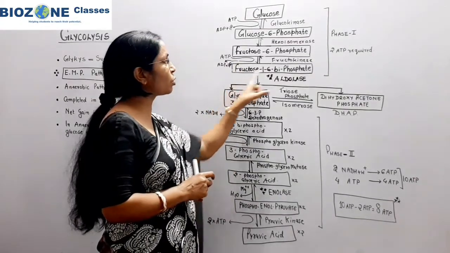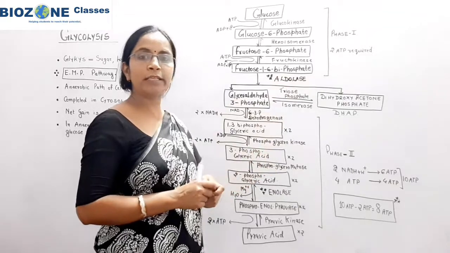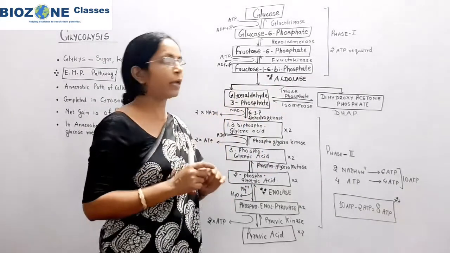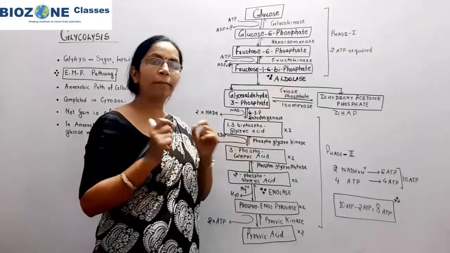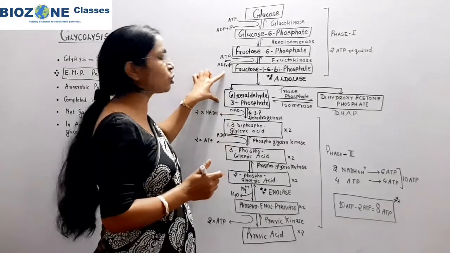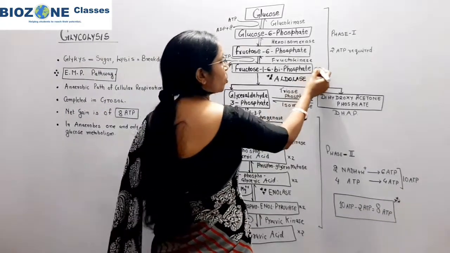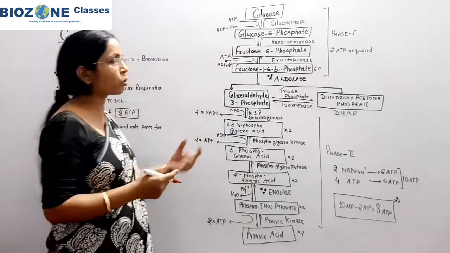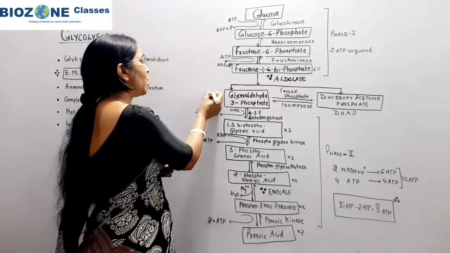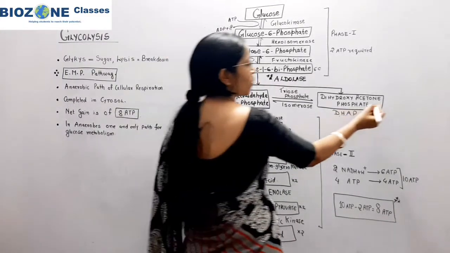Then this fructose 1,6-biphosphate further undergoes the next reaction. This is the most important reaction, and you remember the activity of the aldolase enzyme, because this is the reaction of glycolysis in which the 6-carbon fructose 1,6-biphosphate breaks down into 3-carbon compounds. Two 3-carbon compounds are formed.